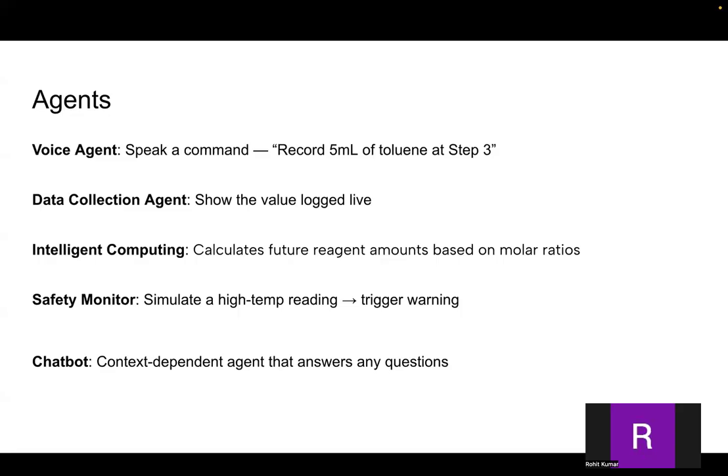But we had a data stream that kept going, with temperature and pressure. If either one rose to a certain level, it would trigger a warning and automatically stop all the other agents and the experiment. This is good because if you're super dialed into the lab, you might forget to look at the sensor, and it could cause issues.